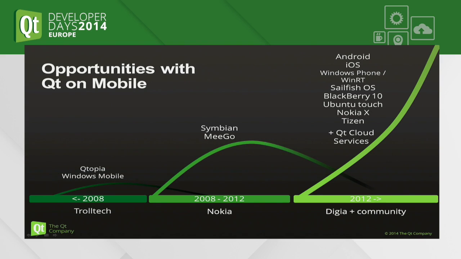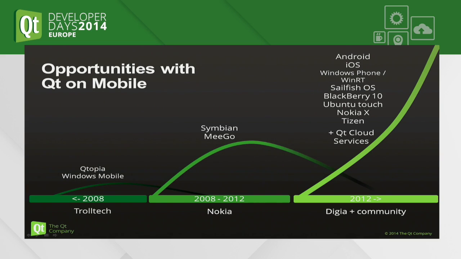Digia was already running the Qt commercial side and dealing with embedded and enterprise desktop customers, but we had really no place in mobile until we officially acquired Qt from Nokia.